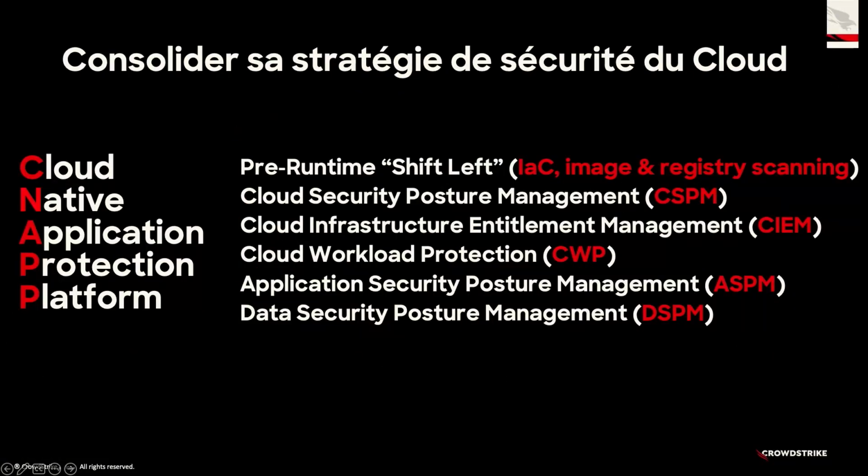When we see the number of solutions that are available in the cloud, Gartner has created this category that is called CNAPP or CNAP, depends how you want to call it. And it highlights all of the benefits to have a solution and a certain number of functionalities to protect your cloud environments, whether it is in the development phase or the production phase.